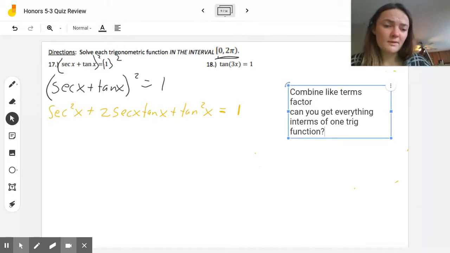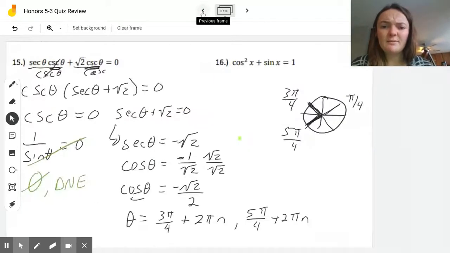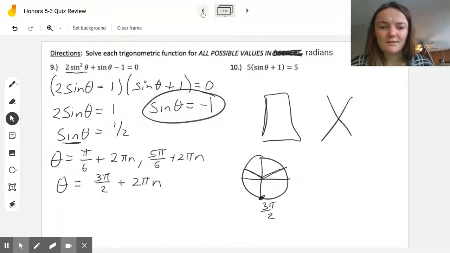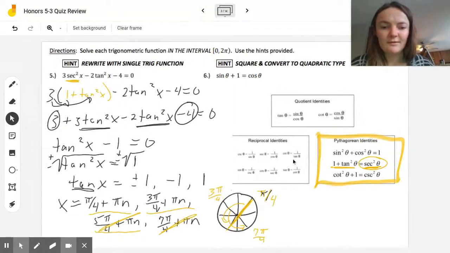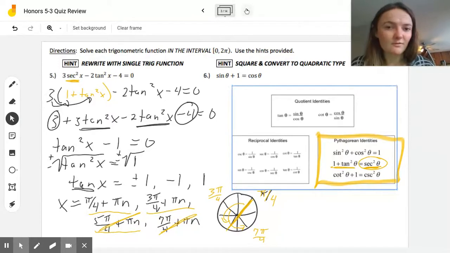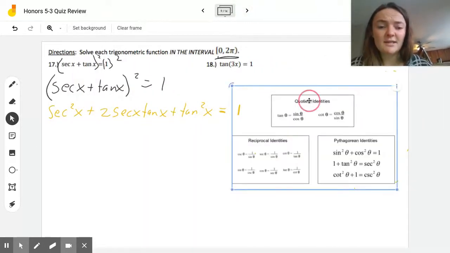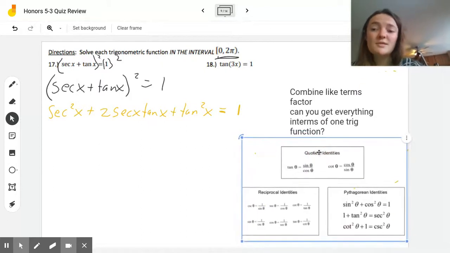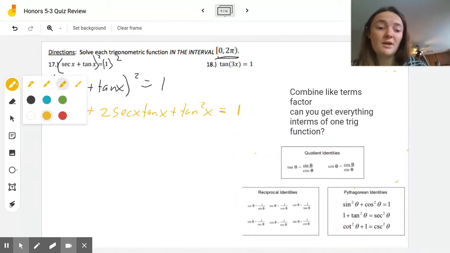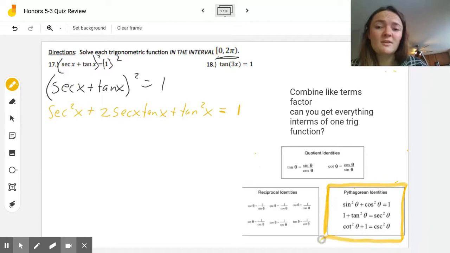Can I? Well, let's go ahead and, in fact, I'm going to go back and copy and paste something. It was a while ago. Oh, wow. I'm going to copy and paste something because it might be helpful. Let's look at some identities and see if I can use any identities. Specifically, most of the identities we're going to be using are going to be Pythagorean. Well, if I take a look at the Pythagorean identities, wait a darn minute, I know that secant squared theta is equal to 1 plus tangent squared theta.